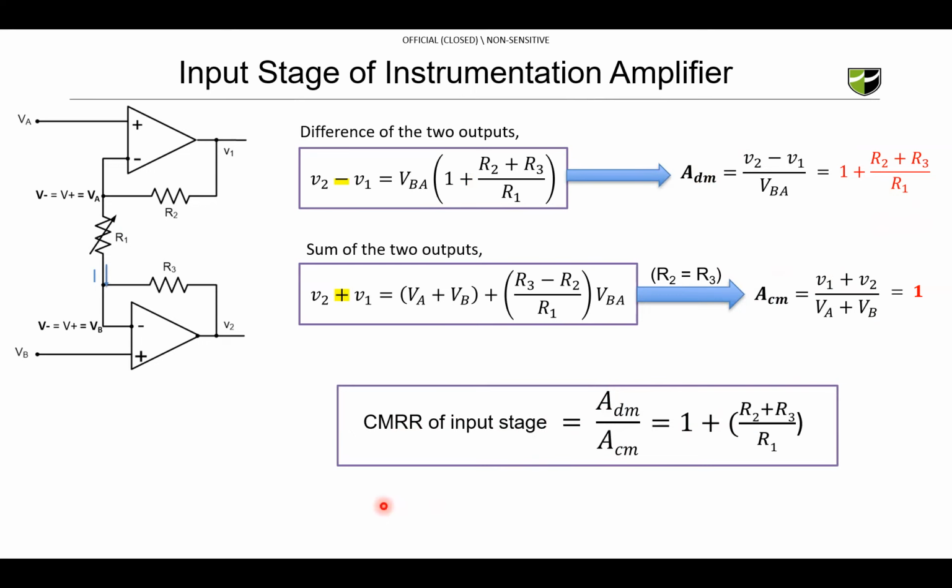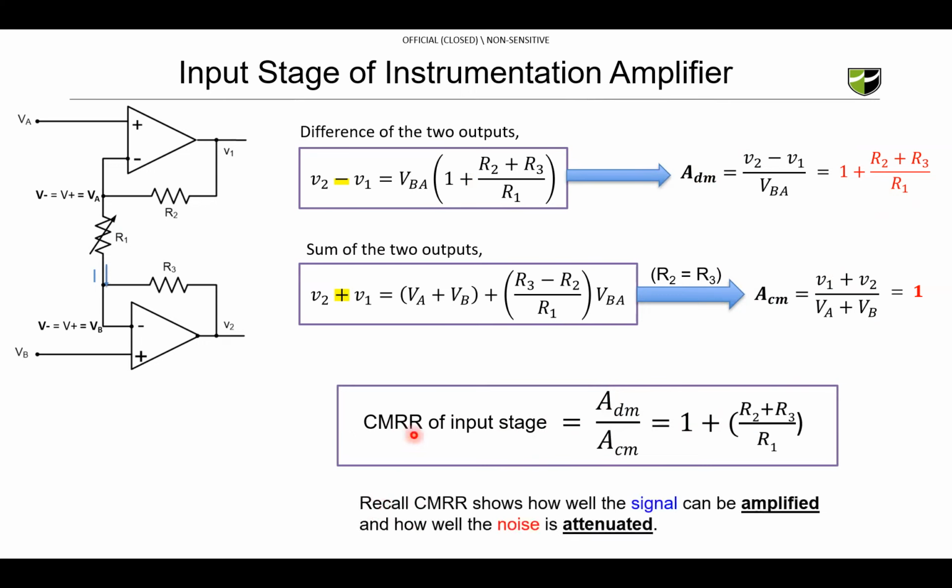If we still recall in lesson 1, common mode rejection ratio shows how well the signal is amplified. Signal refers to the differential mode, and noise, the common mode, is attenuated. The higher the CMRR, the more the signal will be amplified and the more the noise will be attenuated.